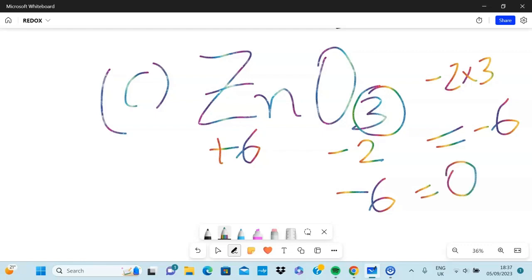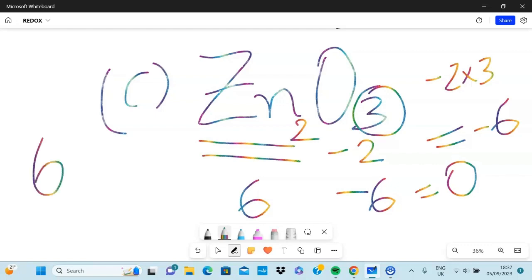Okay, there's a bit of logic and common sense in this as well. So think before you do anything. Let's say if this thing was Zn2, I'm just giving you a hypothesis. Then what would you do? We know it should be 6, but there are 2 Zn's. It's not just one.